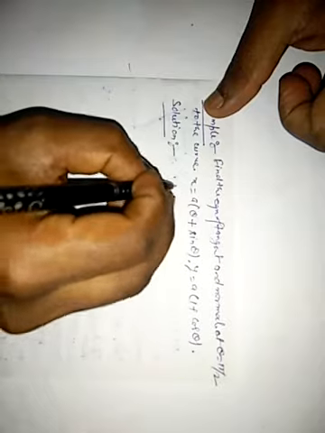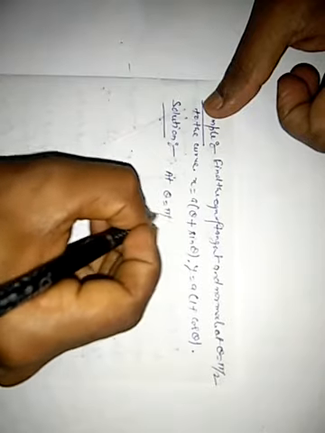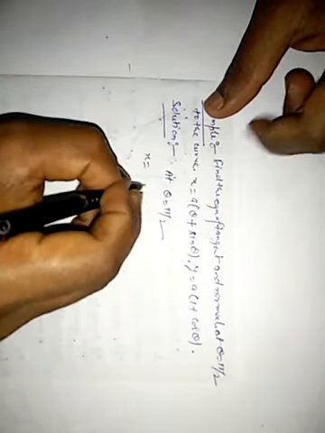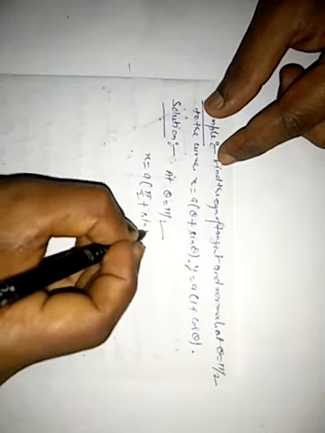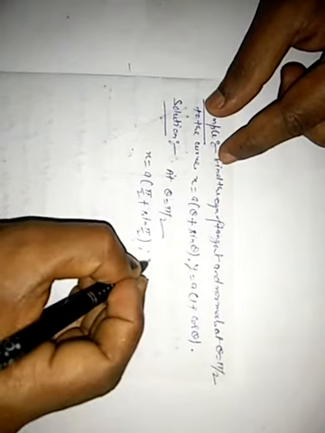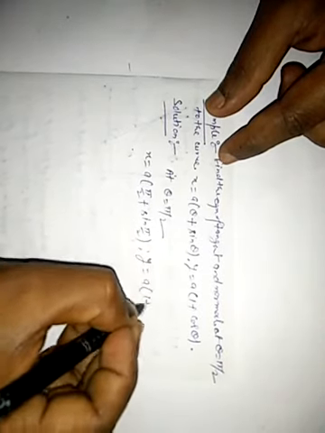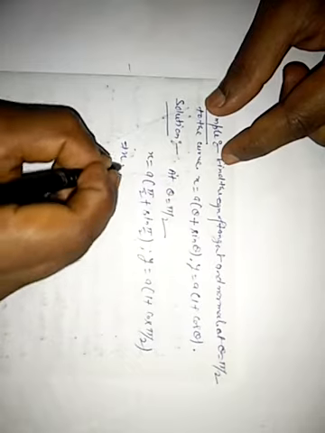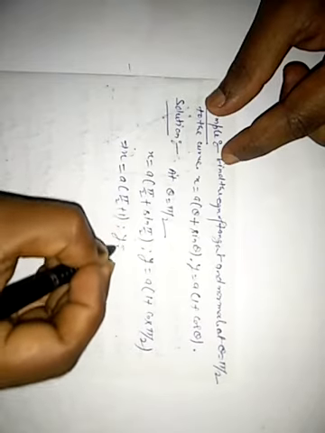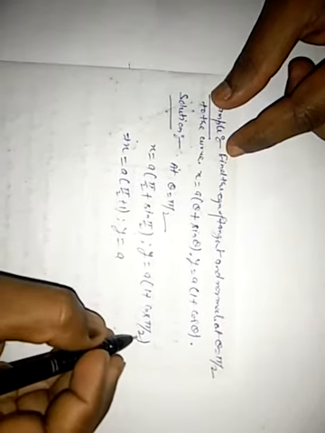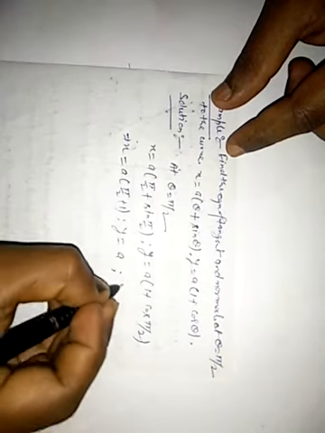At theta is equal to pi by 2, x is equal to a times pi by 2 plus sine pi by 2, and y is equal to a times 1 plus cos pi by 2, which implies x is equal to a times pi by 2 plus 1 and y is equal to 0 at theta equal to pi by 2.